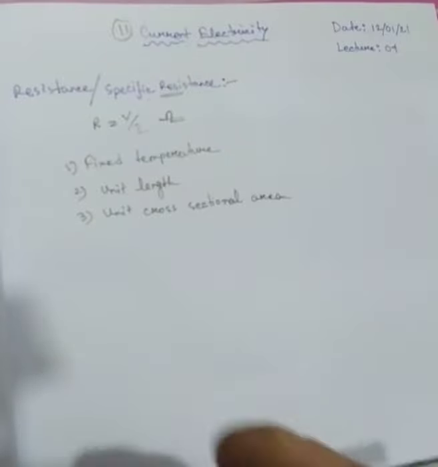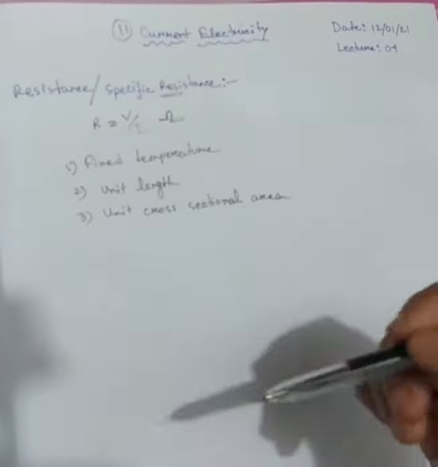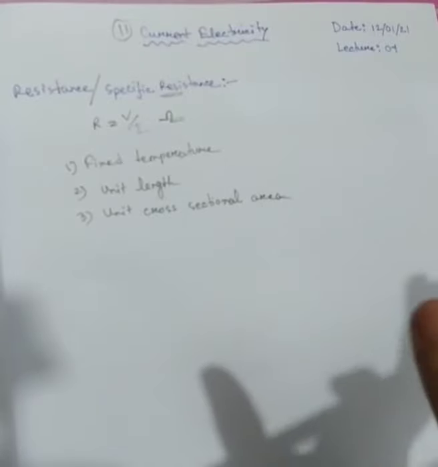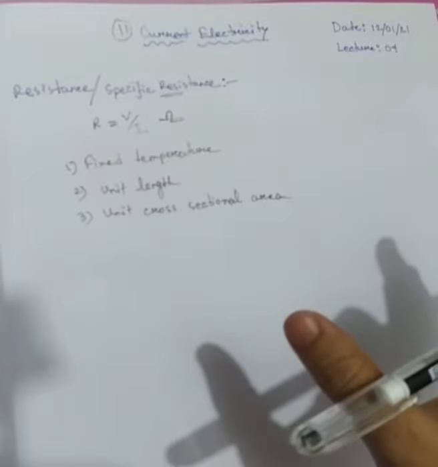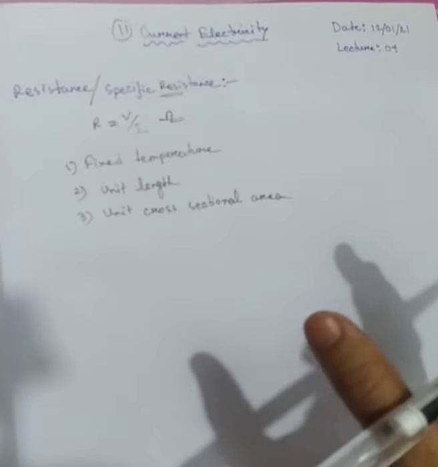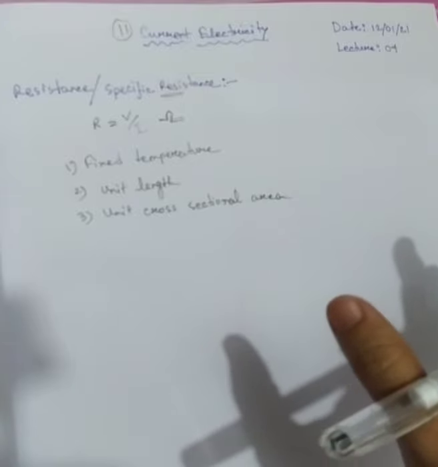I just want to repeat it again. At fixed temperature, the resistance of a certain material or a certain conductor with unit length and unit cross-sectional area is called its specific resistance.